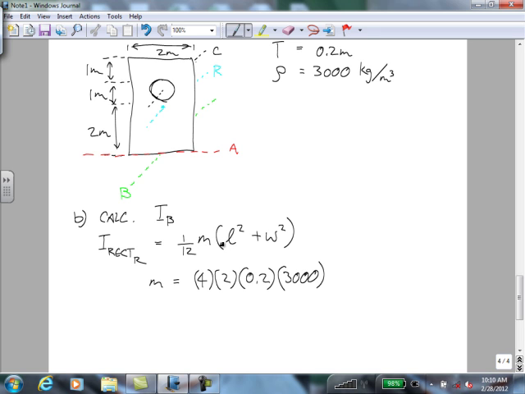The mass of the rectangle is 4 times 2 times the thickness times the density. We did that last time. What do you get for that? Can someone calculate that? I don't have it written down. 4,800? 48.